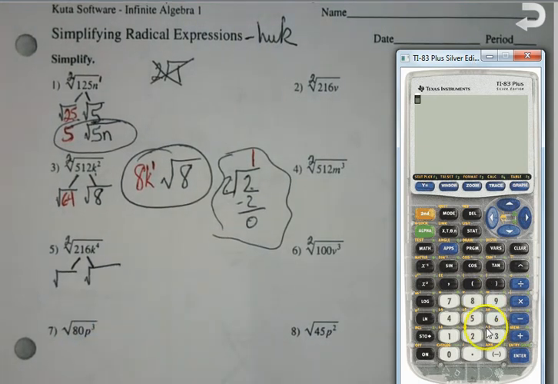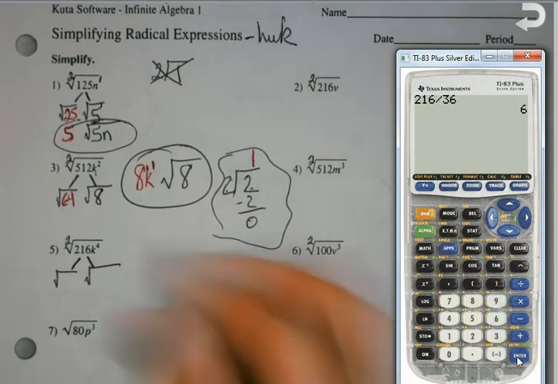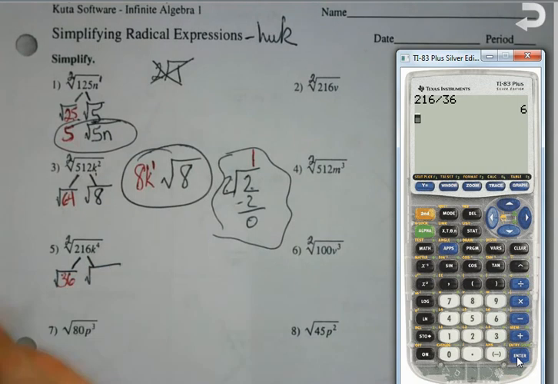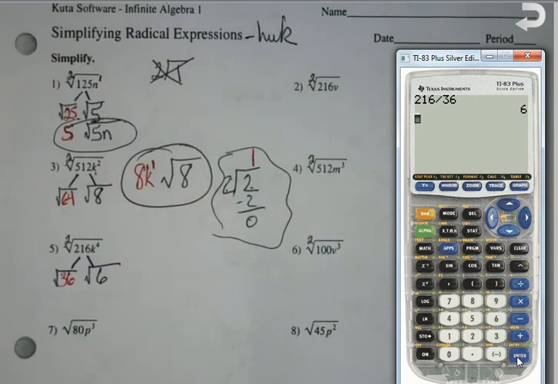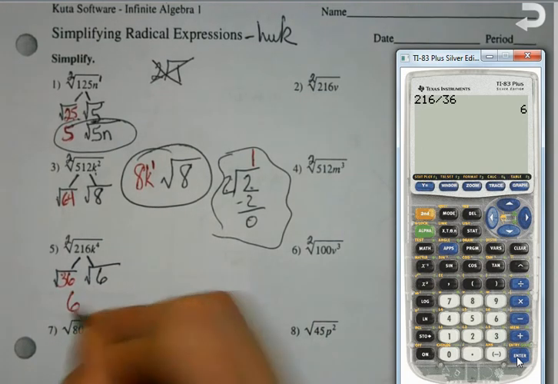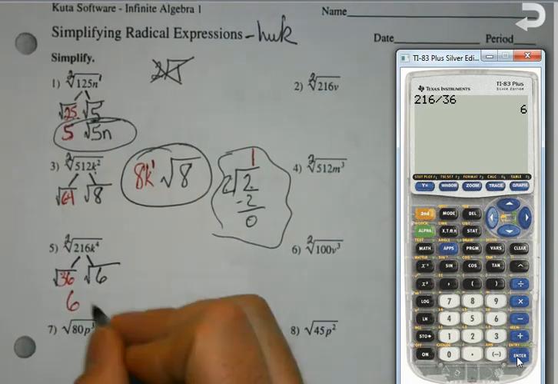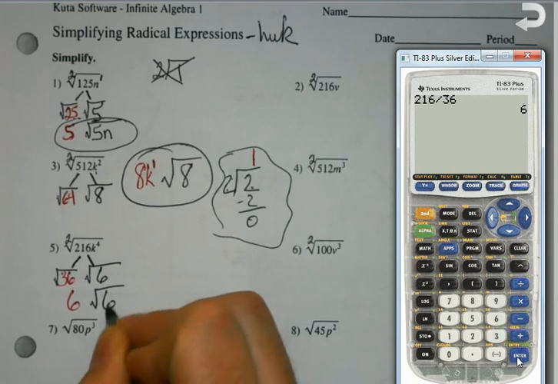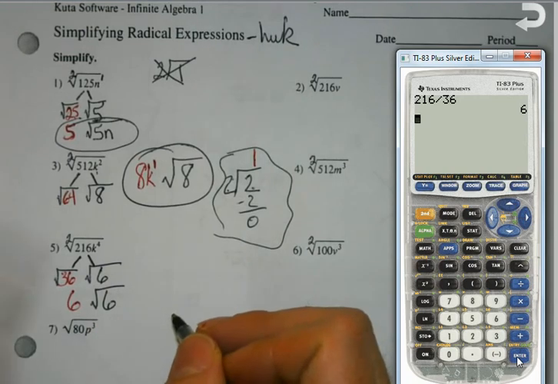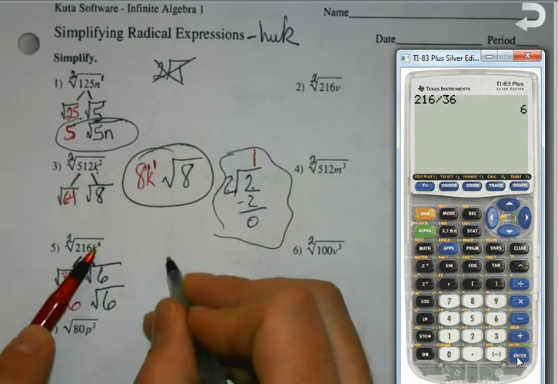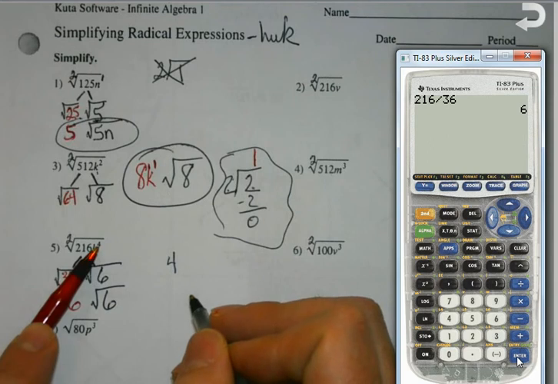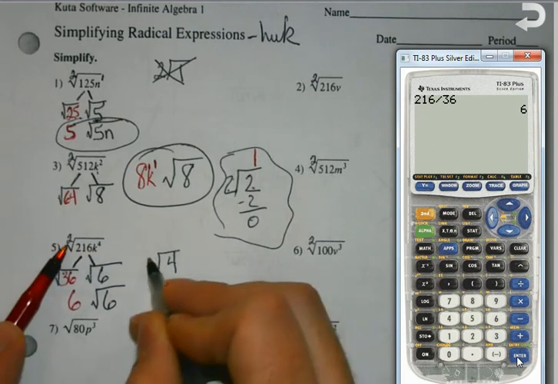So let's see. 216, 36. I think that's going to be a good call. All right. So 36 and 6. So I look and I say, okay, square root of 36 is 6. It's just a coincidence that these numbers keep all being the same. The other 6 is going to stay under. But now again, it's in radical jail. My exponent's 4. I'm always going to be dividing by 2.